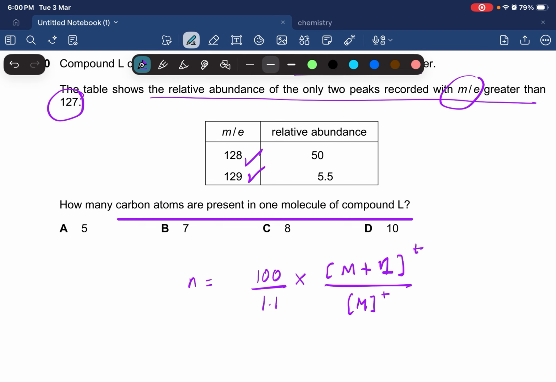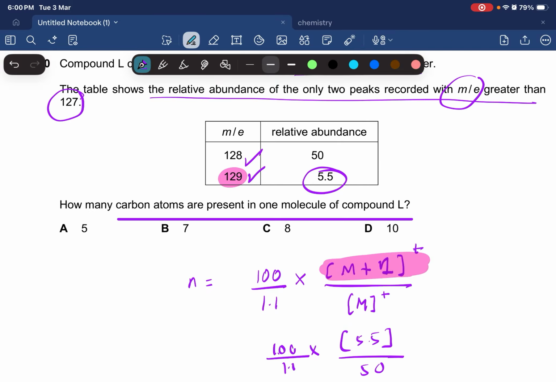Over here, we know that 128 plus 1 is going to be 129, right? So 129 is going to be the M plus 1 peak, and 128 is going to be our M peak. So it's going to be 100 upon 1.1 into the M plus 1 abundance, which is 5.5, upon 50, the abundance of the M peak.